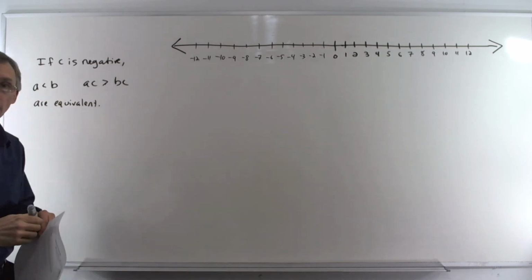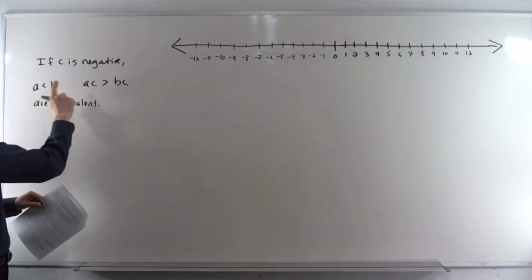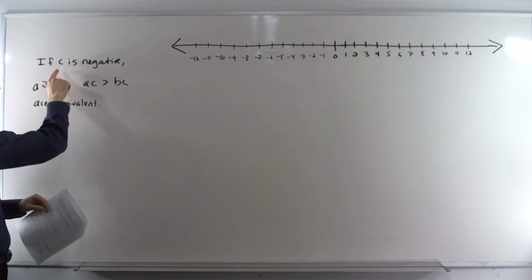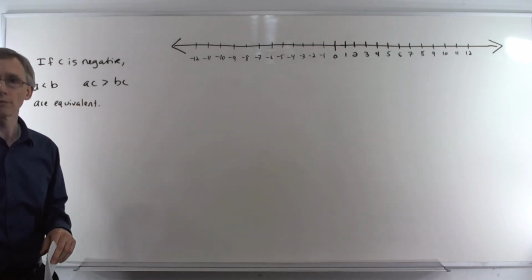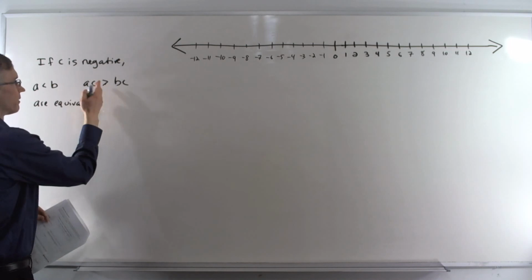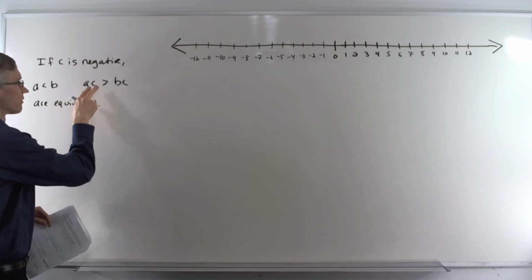So when solving an inequality, we can multiply both sides of the inequality by some negative number c, but when we do so, we have to flip the direction of the inequality.